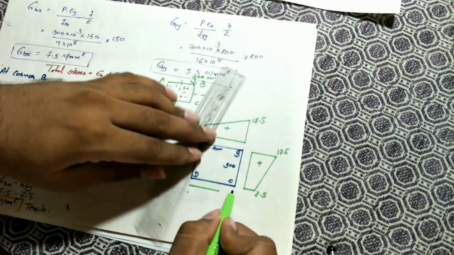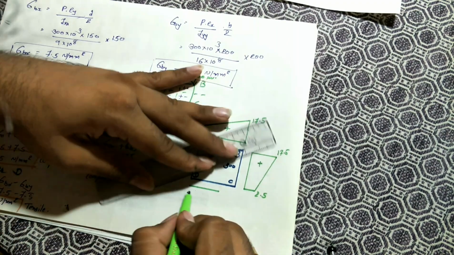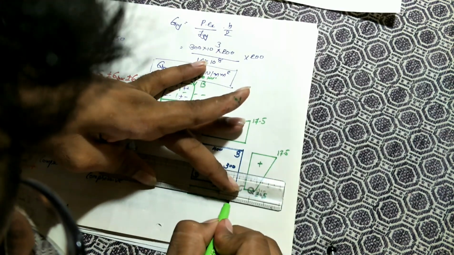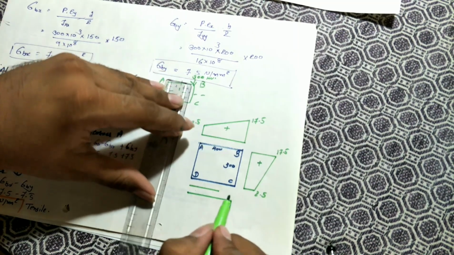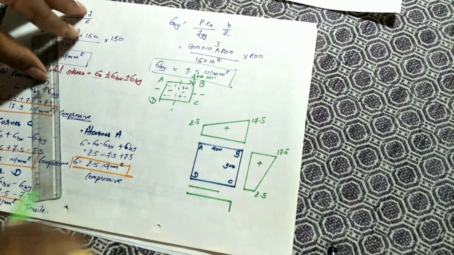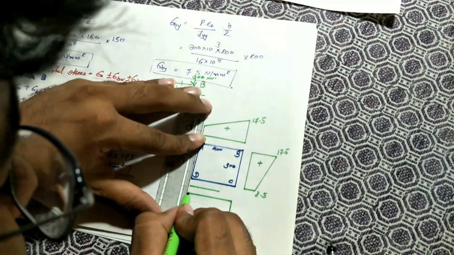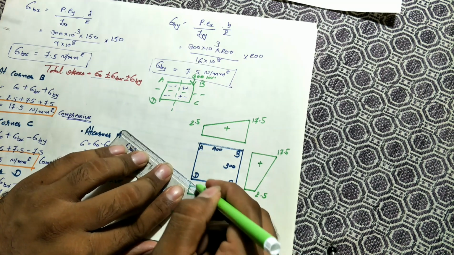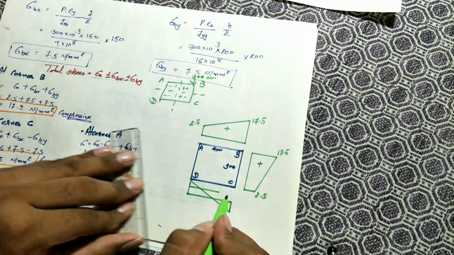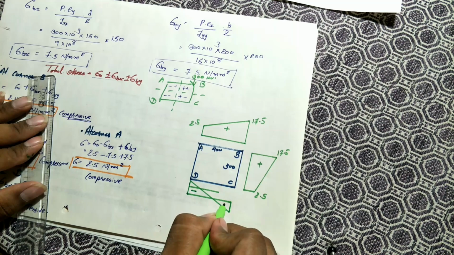Okay, let us start from C. We are getting a positive value, that is 2.5 again, and at D we are getting minus 12.5, so this line will be minus 12.5 and we'll draw the diagram like this. Don't consider this line. So this is your minus value and this is your plus.